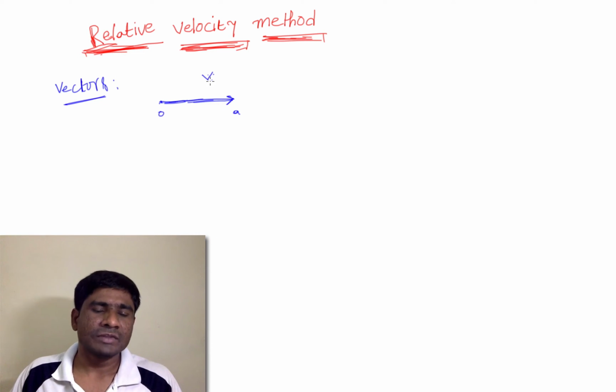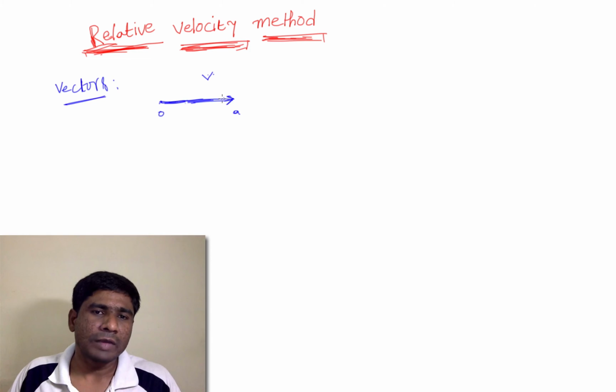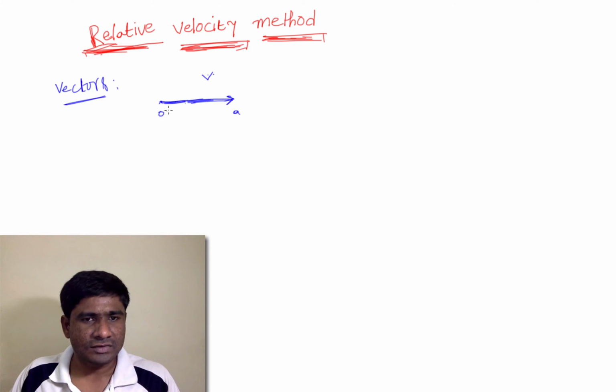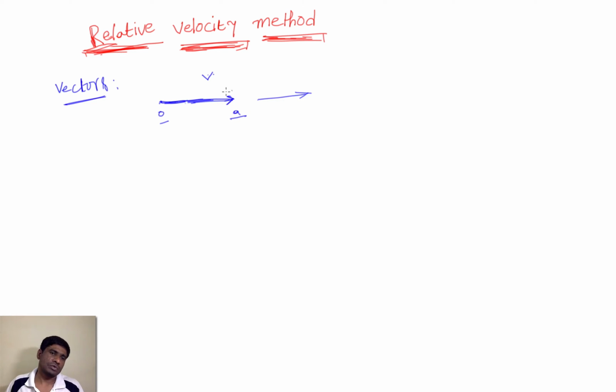What is the sense of the velocity? That means in which direction it's acting. Here, this velocity is acting in the right direction horizontally from point O towards point A. That's the meaning of any vector.